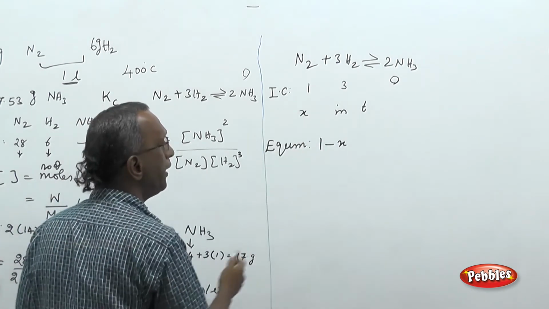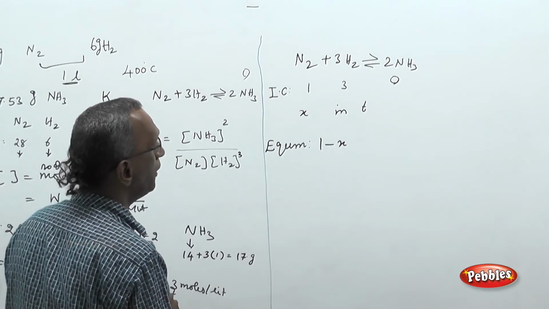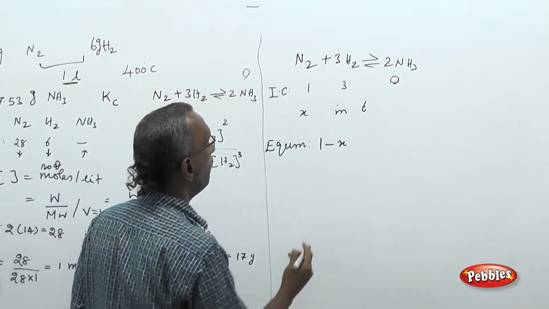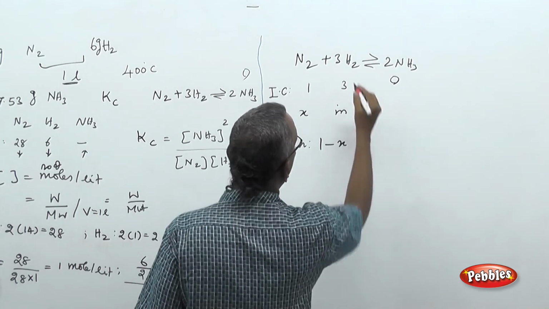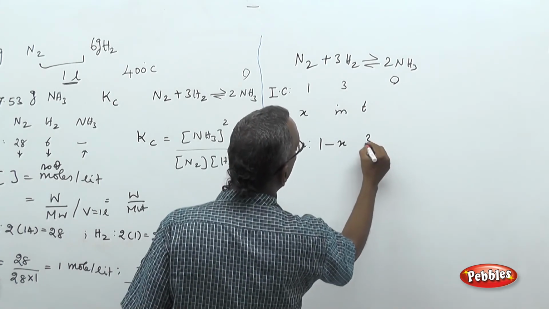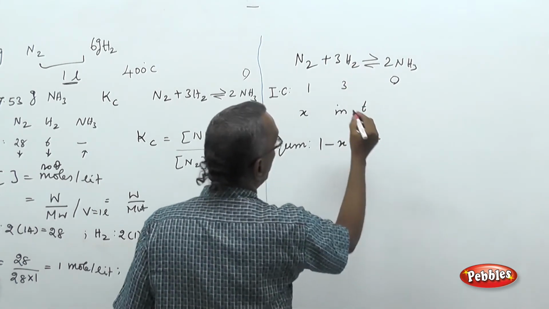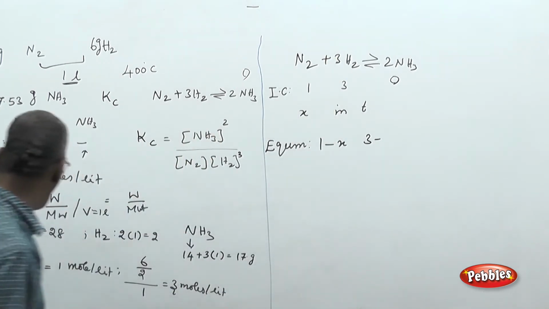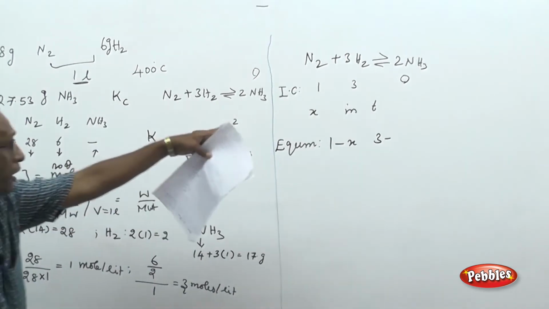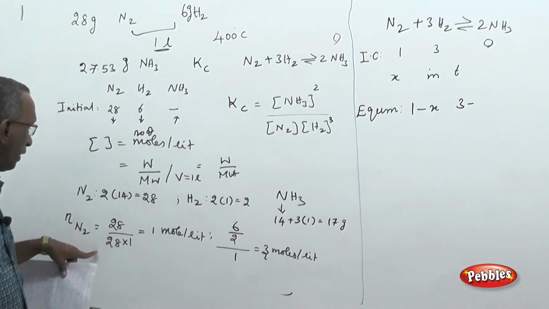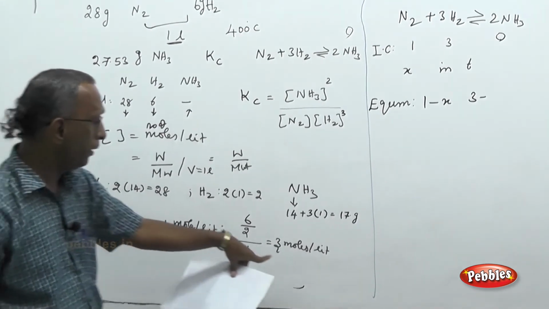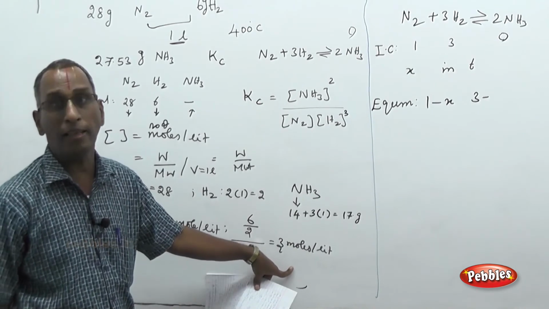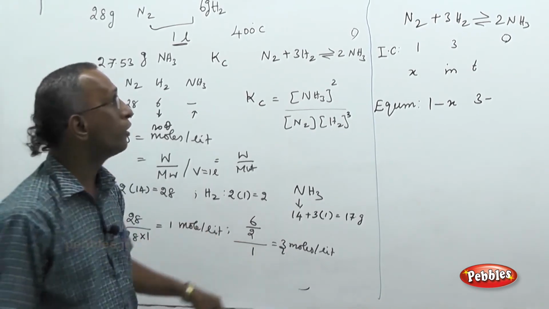Unreacted moles of nitrogen is 1 minus X, whereas for hydrogen it is 3 minus 3X. Every mole of nitrogen will consume 3 moles of hydrogen, so it should not be confused with this 3. Here nitrogen is 1 mole, and for hydrogen they have given 3 moles.